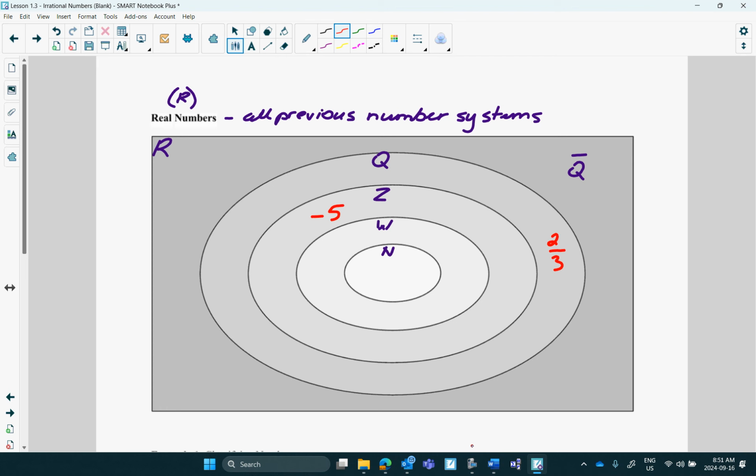Where's 20? Whole number? And you can go in further inside, right? It's a counting number. What about 0? Inside the W. What about pi?